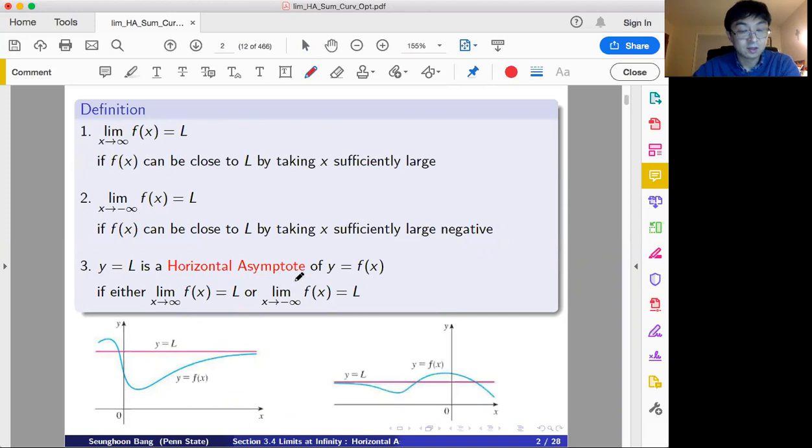The second case, x approaches negative infinity. So this function f of x approaches y equals L. So we have this condition, y equals L is a horizontal asymptote. This is the exact definition.